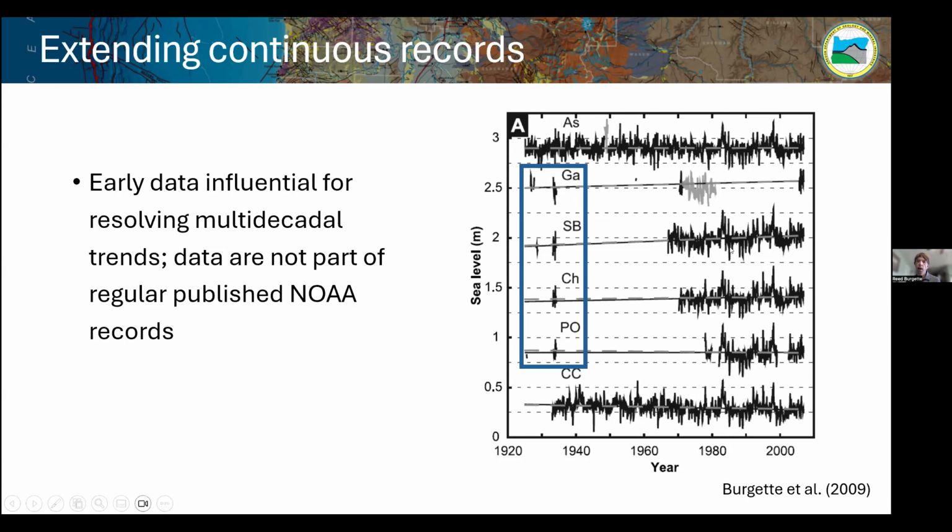We also corrected errors caused by benchmark instability in these more continuous parts of the time series. And so there were a lot of good outcomes that came from these archive data. And we can get a better rate over century time scales by adding in these old data in the right locations.